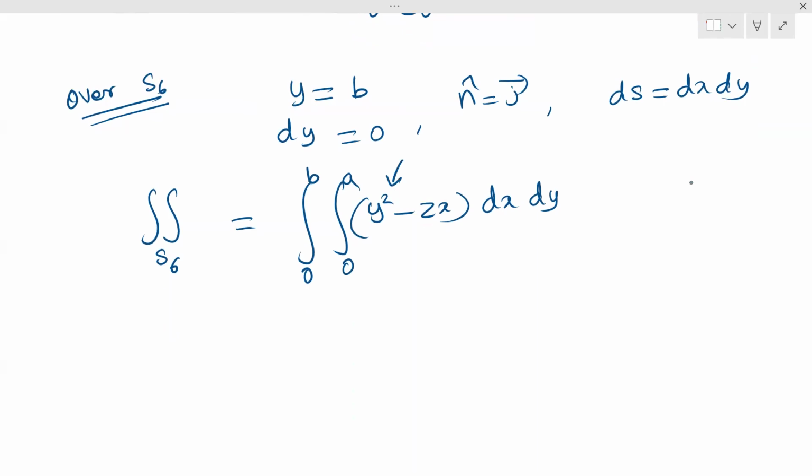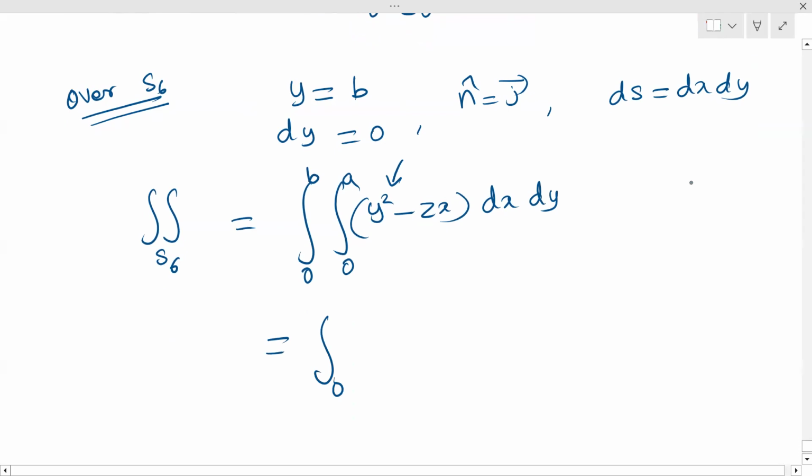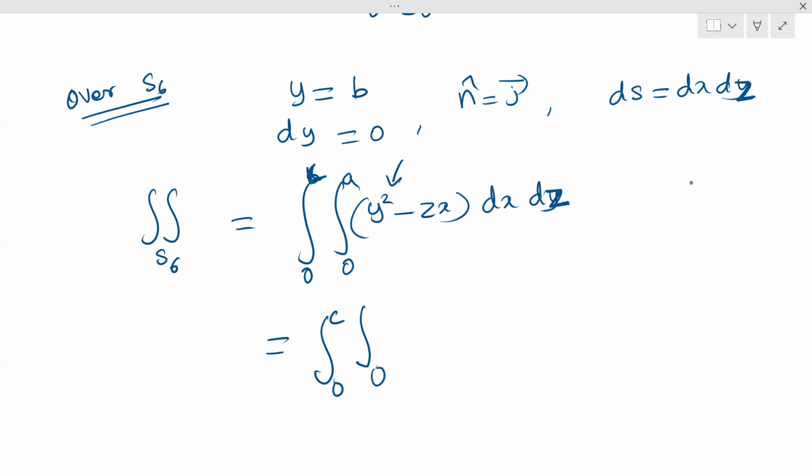So the y value on the surface is y equal to b. So 0 to c, 0 to a, substitute y value.